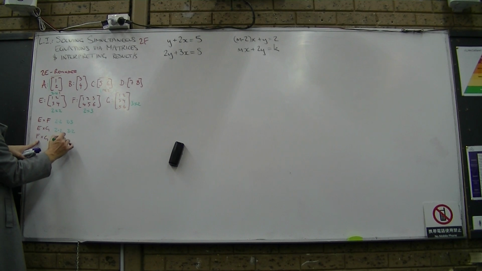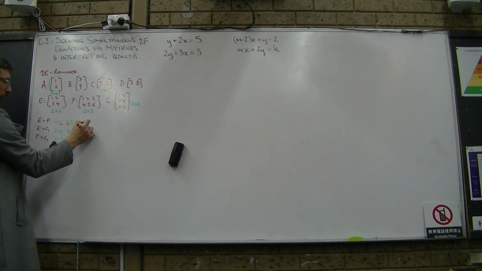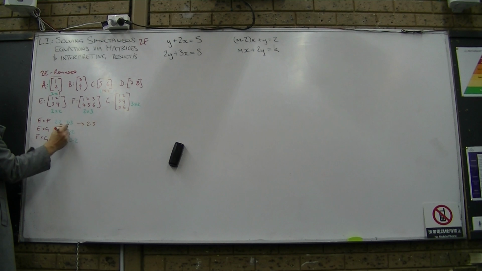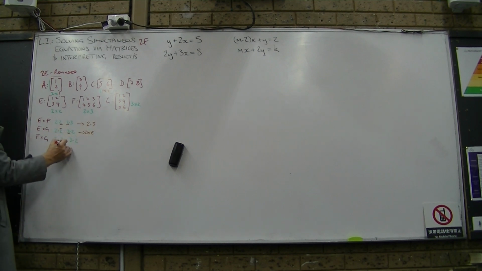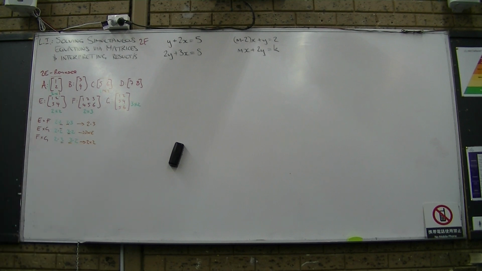F is 2 by 3, G is 3 by 2. If the things next to each other are equal, then you will get a result. The result will be whatever the other two are. These ones don't equal, therefore it does not exist. These two do equal, therefore my result will be 2 by 2.